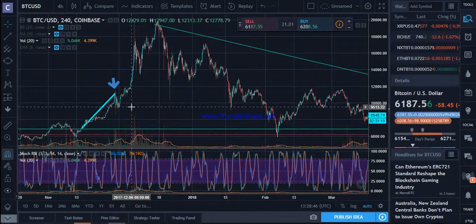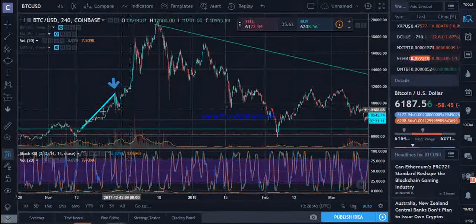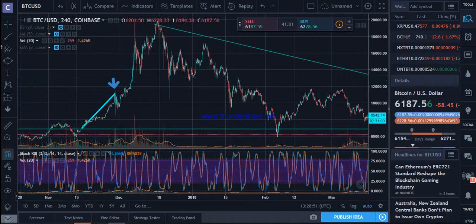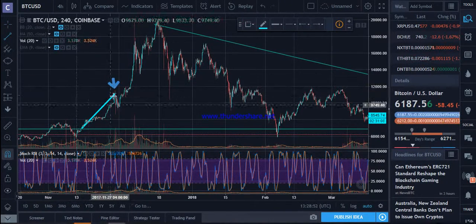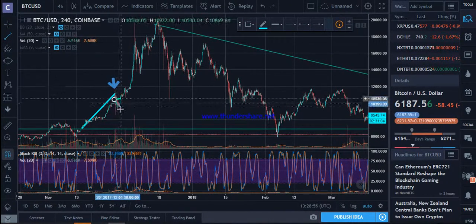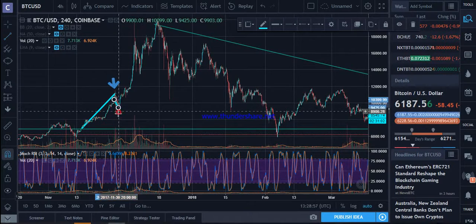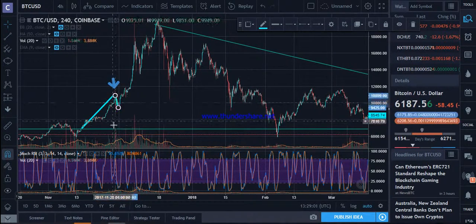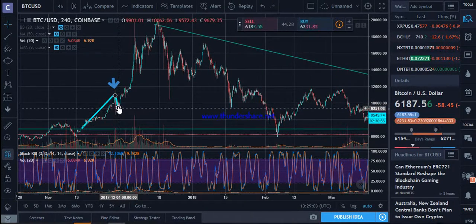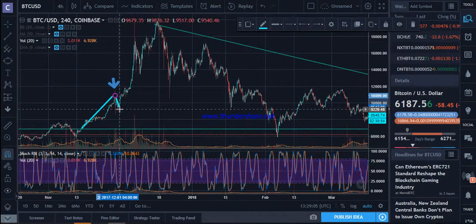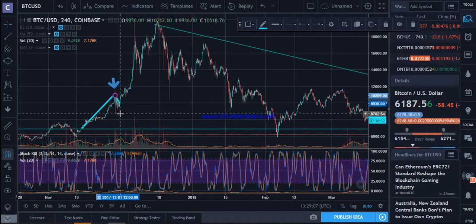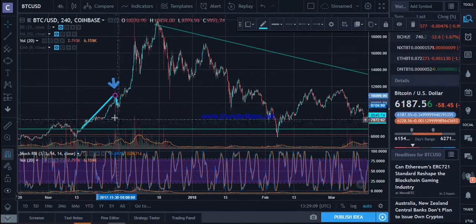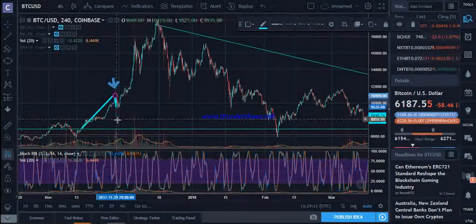So when we want to see wave two, it is actually the retracement of wave one. So realize that wave one retraces down here, and we treat this exactly as wave two, which retraces down here, all the way down here.